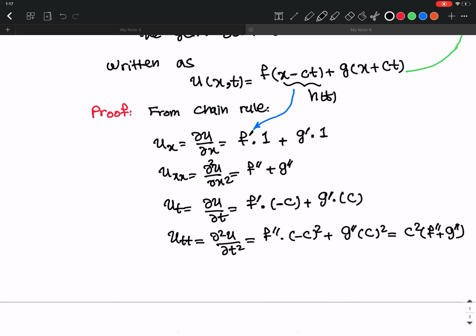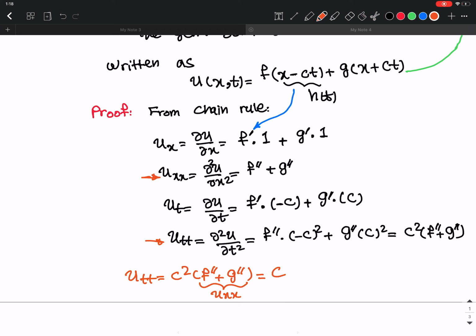Okay, so now I have these two, and I want to combine them together. As you see, u_tt equals c squared times (f double prime plus g double prime), and this, if you look at the other equation, is just u_xx.